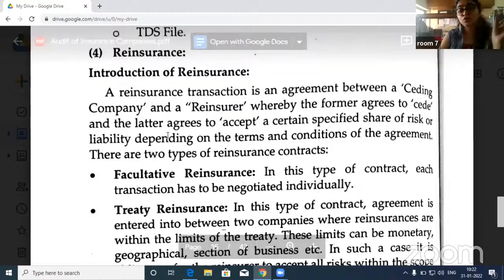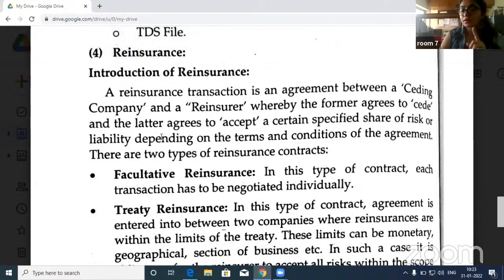Suppose there is a 2 crore insurance. Suppose A company takes that 2 crore insurance. But at the time of loss, one company cannot pay 2 crores together if loss occurs.